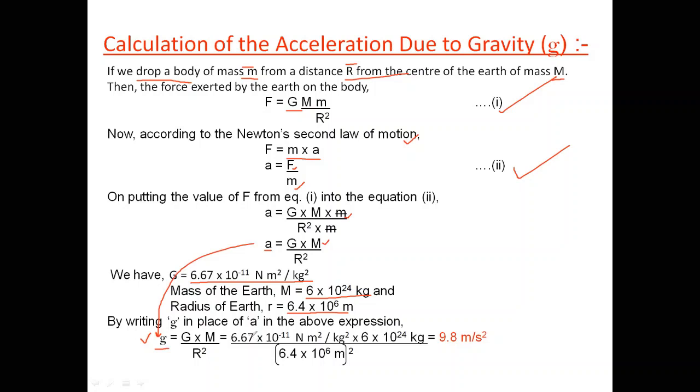So g यहाँ पे क्या है? 6.67 into 10 to the power minus 11 Newton meter square per kg square. Mass of the earth is 6 into 10 to the power 24 kg, and radius of earth is 6.4 into 10 to the power 6 meter and whole square, because r square is in the formula. On solving this, we get the value of small g, that is 9.8 meter per second square.